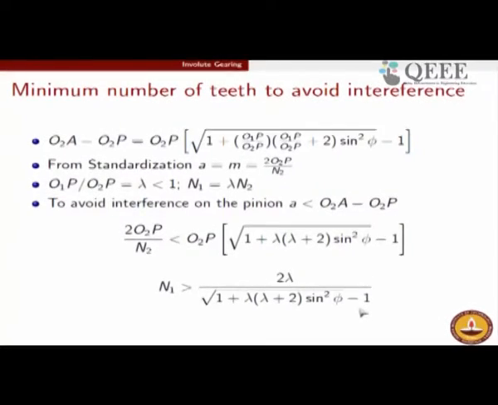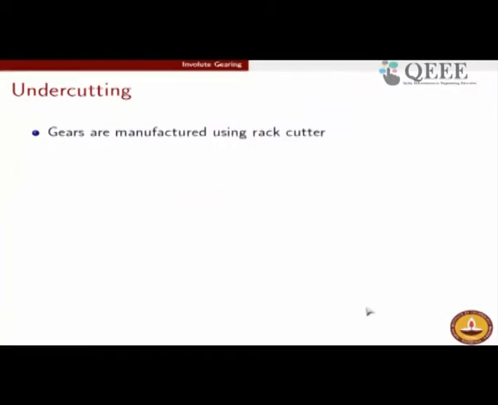Because if in a rack cutting operation the fundamental law of gearing is compromised, then the gear produced will be weak, in the sense that the interference aspect that we have been talking about from kinematic consideration will lead to a strength deficiency. The rack cutter is a hard and abrasive material. It will scoop out the material from the base of the gear tooth and result in a gear tooth which is weak, and therefore vulnerable to failure.